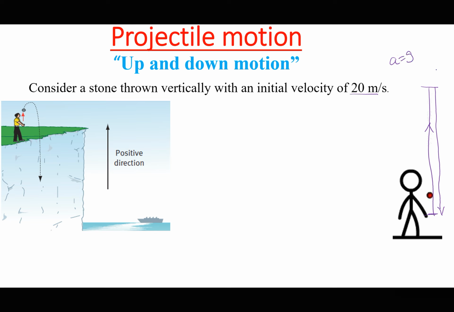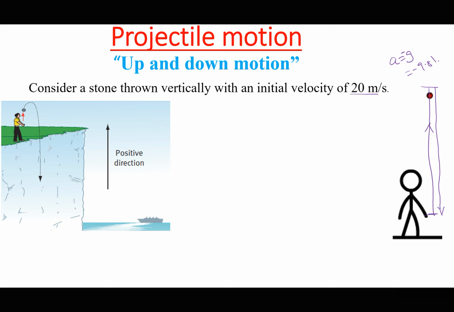If the object is thrown vertically upwards against gravity, the acceleration will always be negative g, which is negative 9.81, even if it goes and comes back. So it is important to use a consistent sign convention here. We normally take upwards as positive and downwards as negative, if I'm considering velocity and displacement, but the acceleration is always going to be downward. So the stone's initial velocity is going to be positive if it is moving upwards.